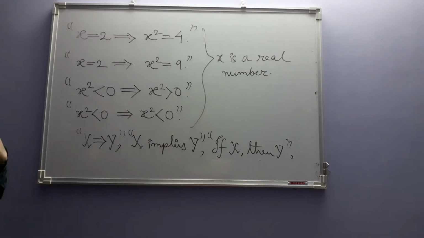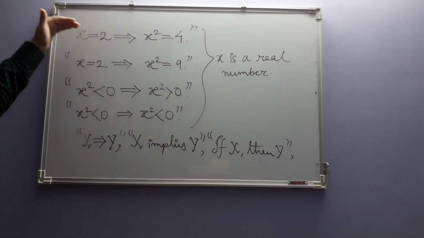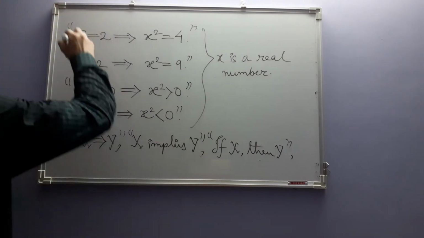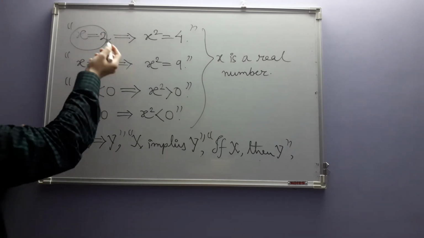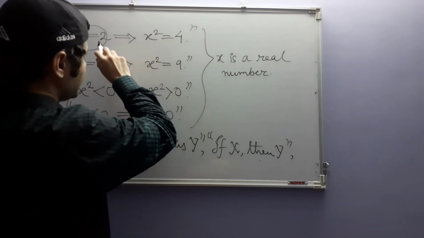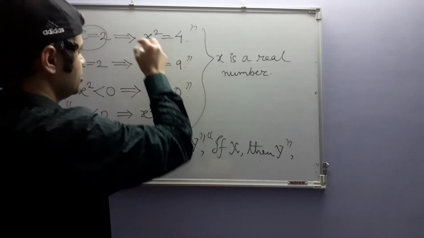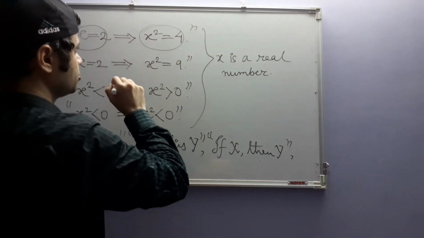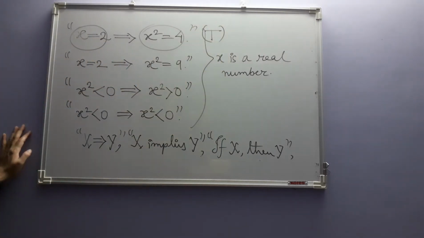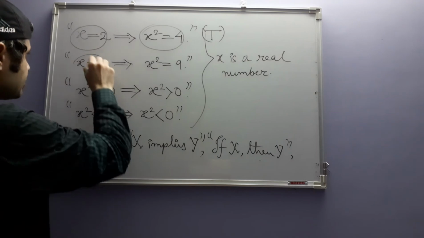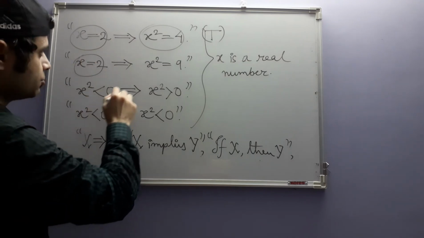Now, in this case, we see that here the hypothesis is true. There is nothing wrong about it. x can be 2. If that is the case, then x squared is 4, which is also true. So that means this implication is true. Here x is equal to 2, that is true.